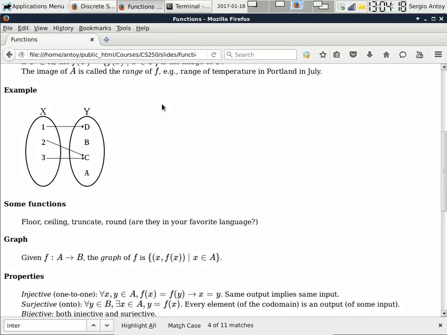In your programming language, if you assign a real number to an integer number, a float to an int, or a double to an int, does it complain or not? Probably complains. You have to cast it.